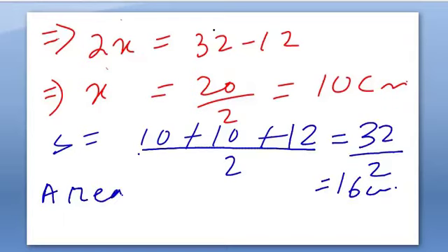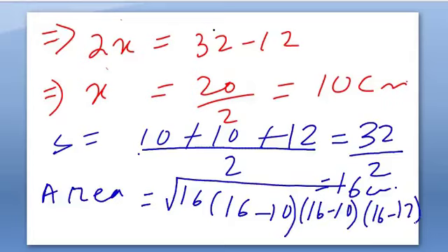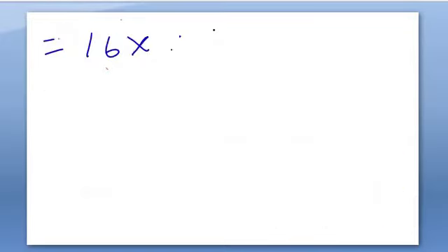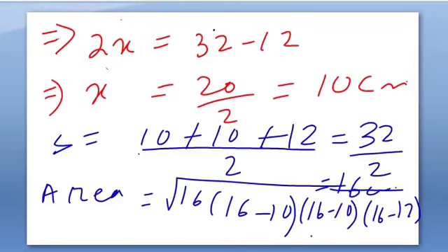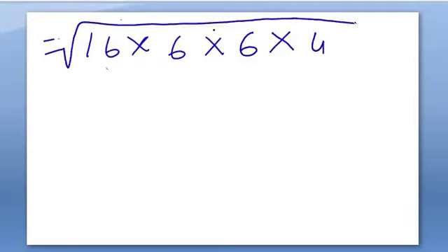Now the area of the triangle equals root over of 16 into 16 minus 10 into 16 minus 10 into 16 minus 12. So 16 into 6 into 6 into 4, root over.